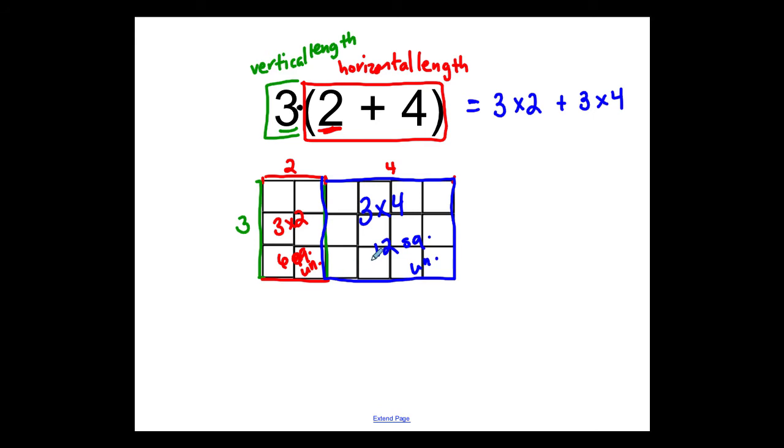And the distributive property is just the glue that lets you know how to combine addition with multiplication.